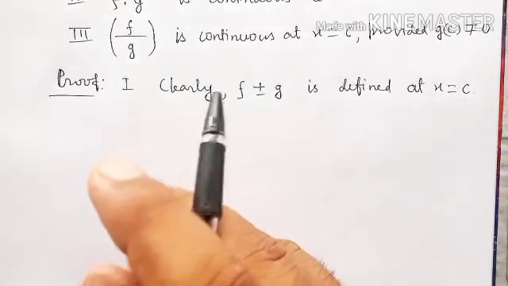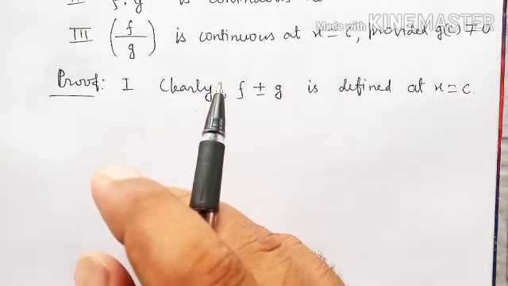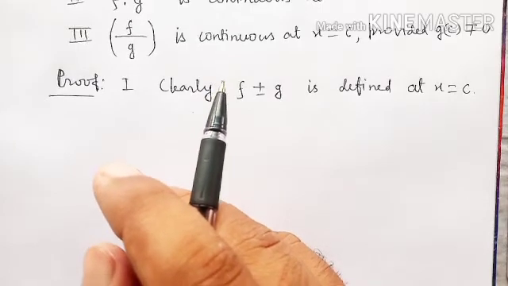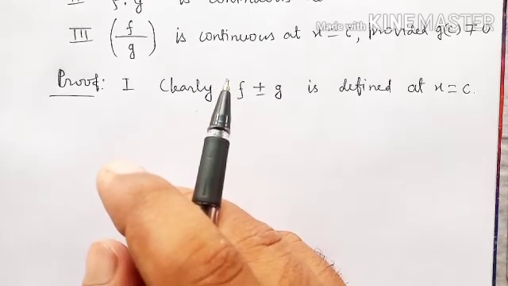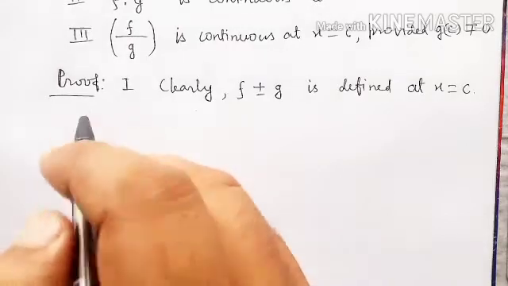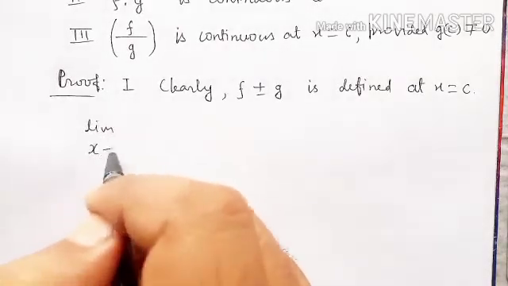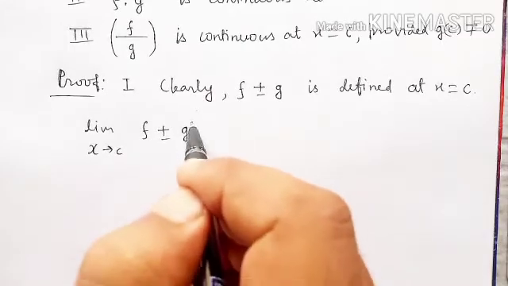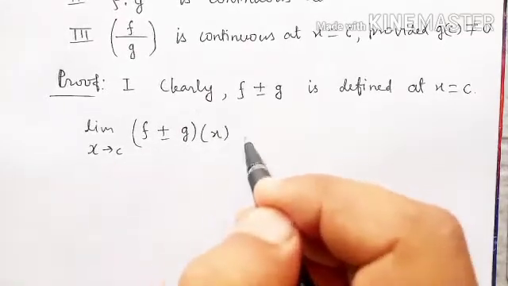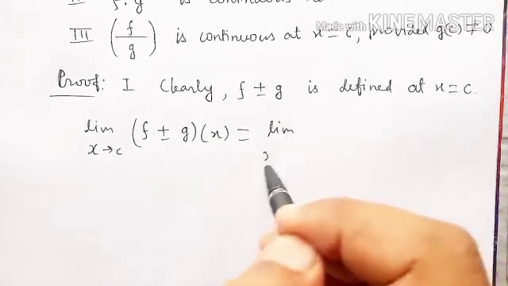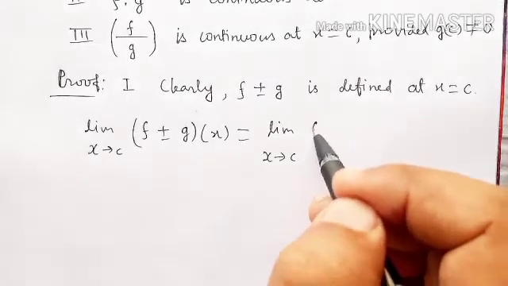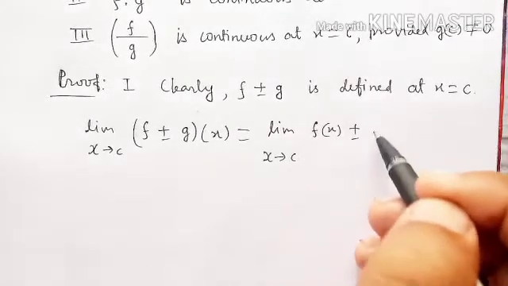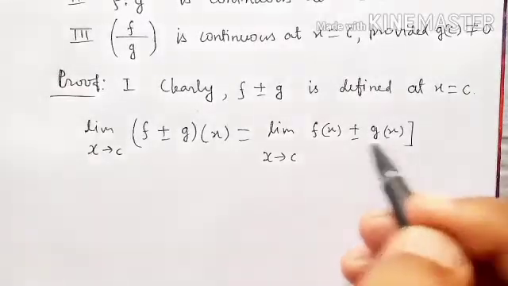Now we have to show the limiting value is equal to the value of the function. So limit x tends to c of (f plus minus g)(x) is limit x tends to c of f(x) plus minus g(x) by the definition of f and g.